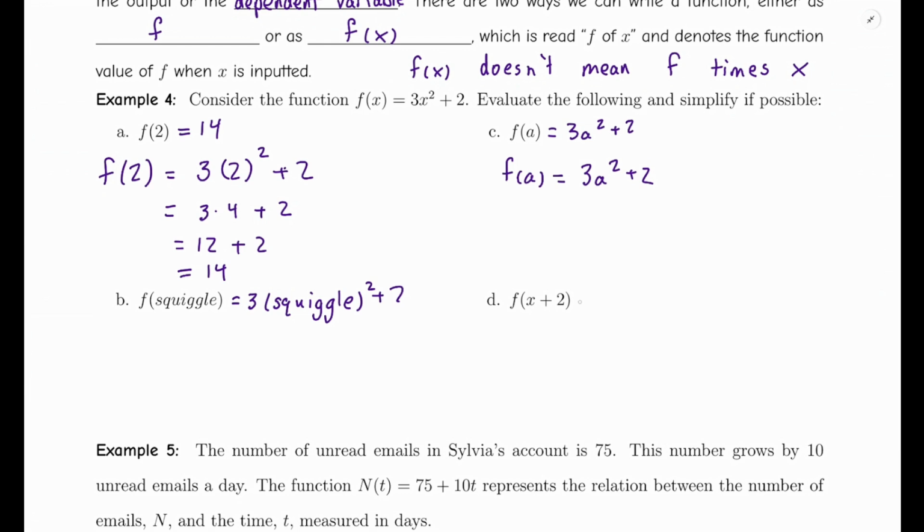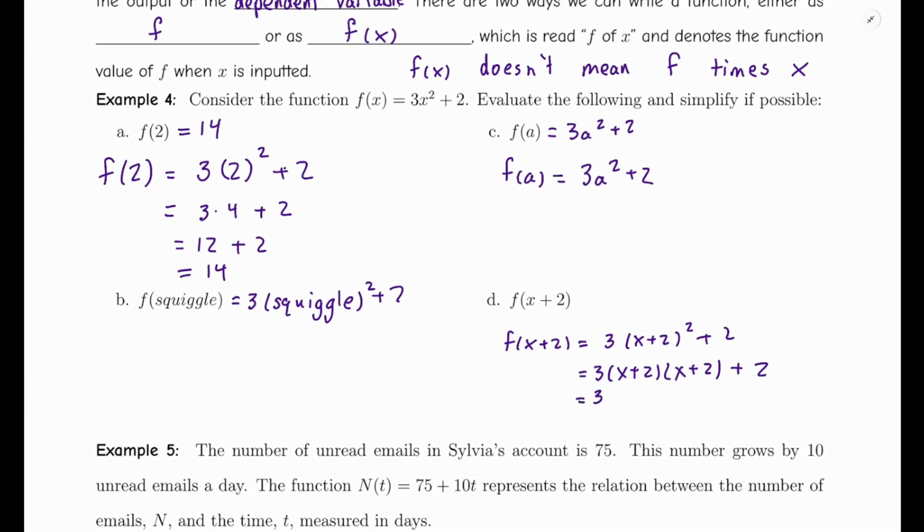Now, f of x plus 2 means replace every x with x plus 2. But remember, since x is getting squared, x plus 2 has to get squared. To indicate when you're squaring more than one term, you have to put it in parentheses. Now, x plus 2 squared means x plus 2 times x plus 2. Do not just square both terms.